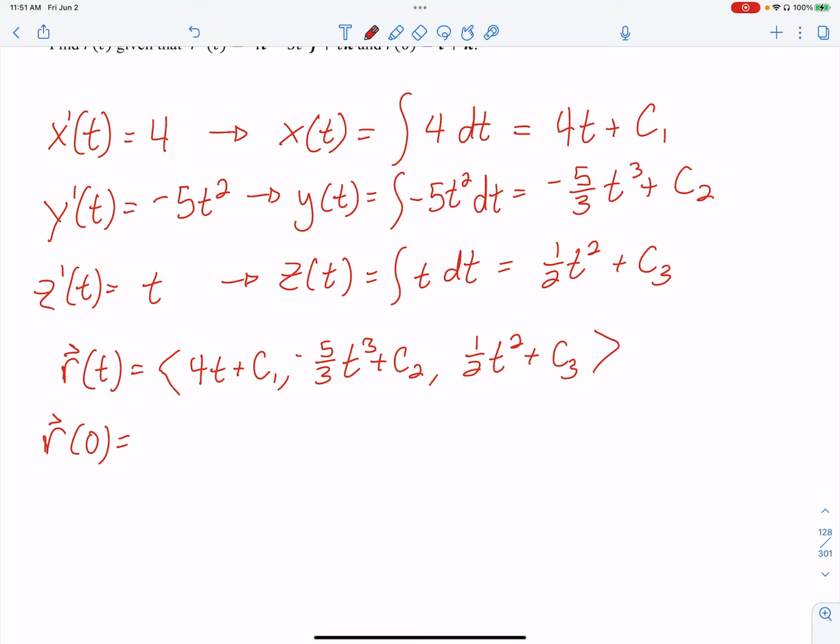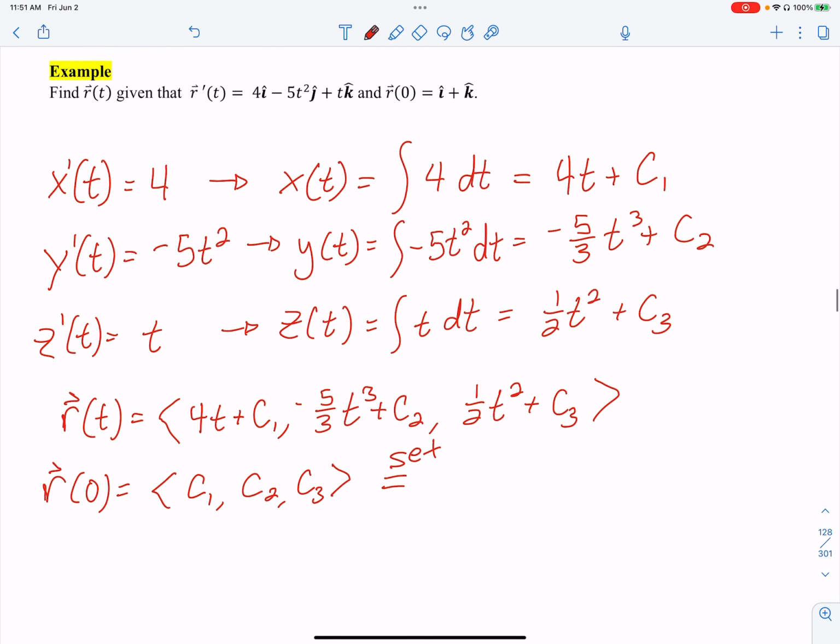If I plug 0 into what I have, I get c1, c2, and c3. And I am going to set that equal to the given initial value, the IV. The initial value is 1, 0, 1, right? i, j, k.